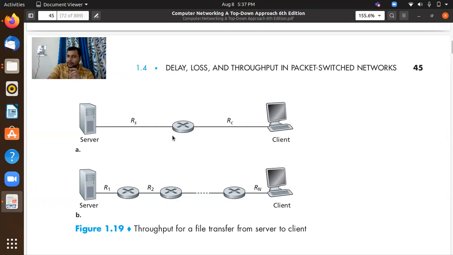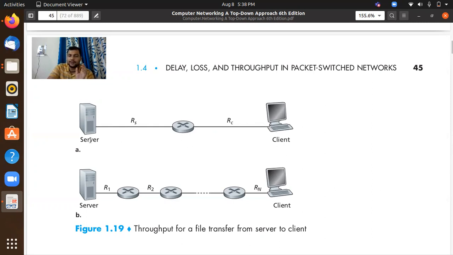When there was only one link, if we calculate the average throughput between this router and the client, the maximum throughput can go up to RC, because this is the number of bits you can push over the wire at a time. In 1 second, RC number of bits can be pushed over a wire. That is the maximum throughput if there is only one link between these two.